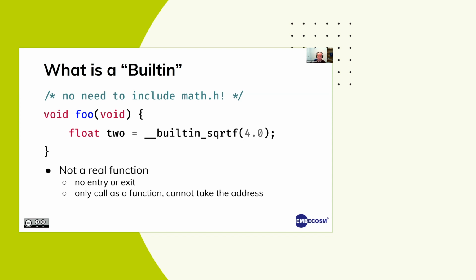Okay, and why would you do this? Because actually, if you try using this on x86 or for that matter RISC-V, you'll see it just generates a call to the library function sqrtf.